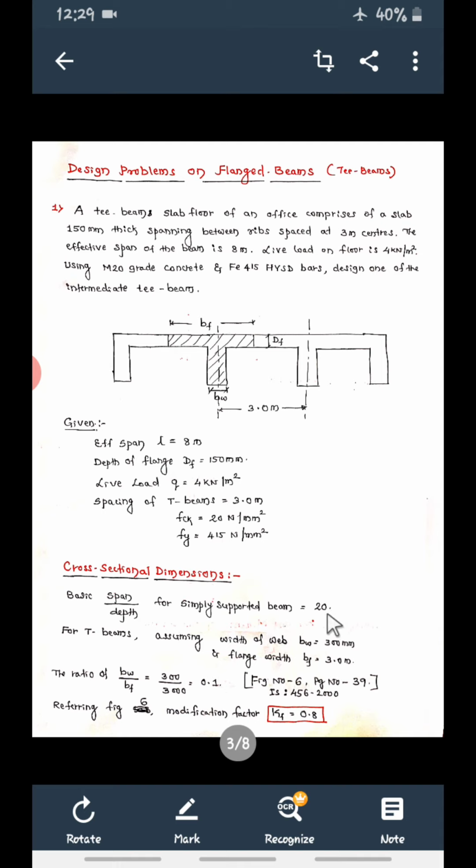Already we know for a simply supported beam the basic span by depth ratio is 20. For this 20, we have to multiply 0.8. How did we get this 0.8? Go to page number 39, figure number 6, calculate this ratio, and for this ratio the Kf value is 0.8. So this 0.8 is multiplied with 20.